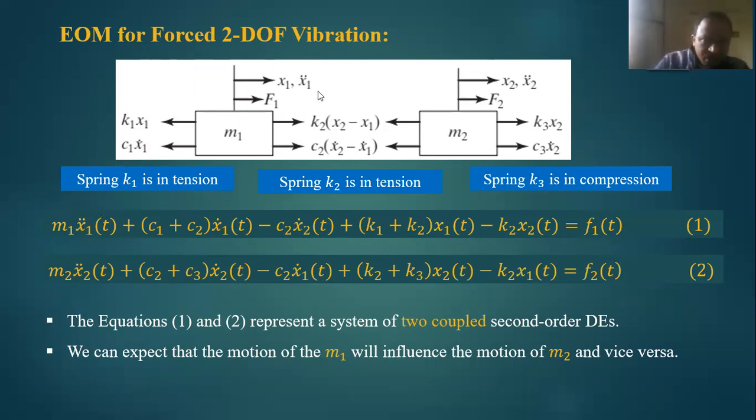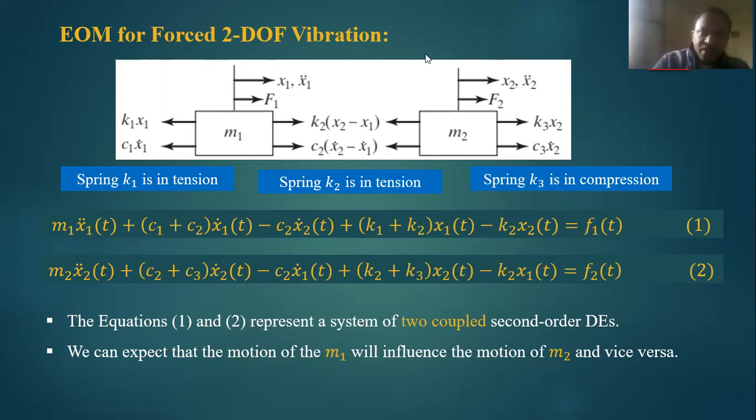So for this system, the first system, system A: m1 x1 double dot of t plus (c1 plus c2) x1 dot of t minus c2 x2 dot of t plus (k1 plus k2) x1 of t minus k2 x2 of t is equal to f1 of t.